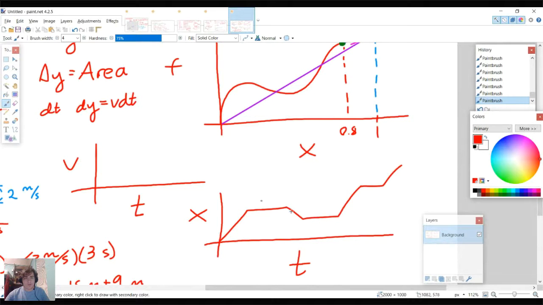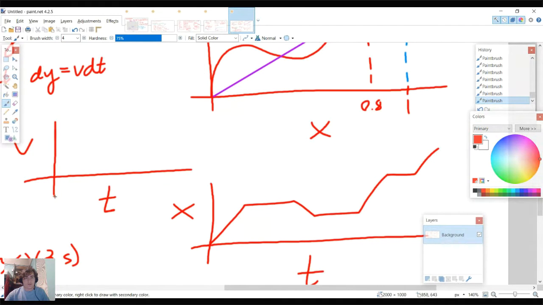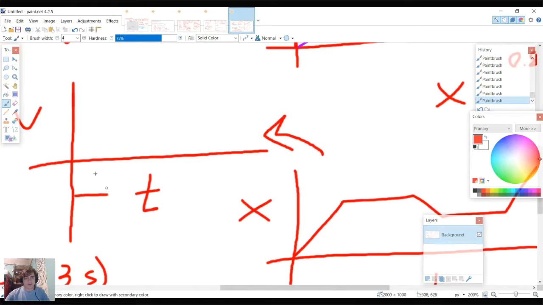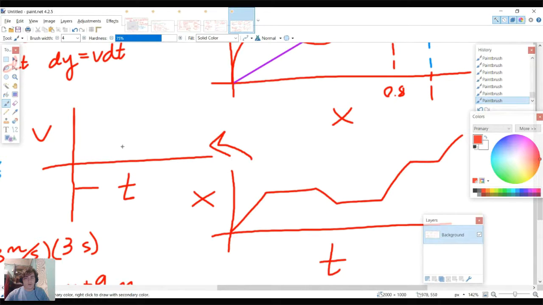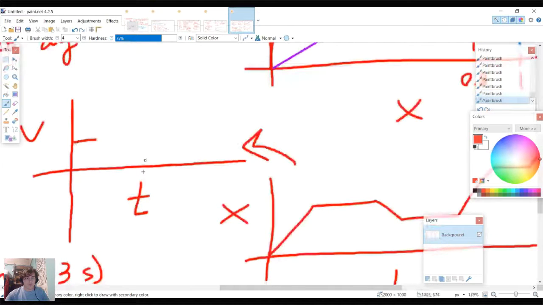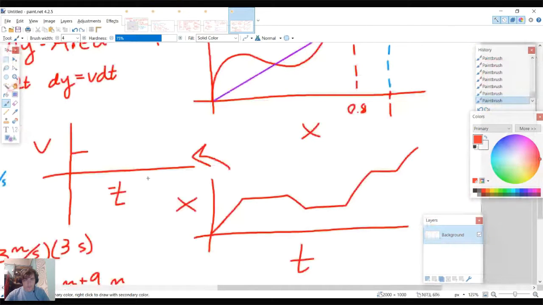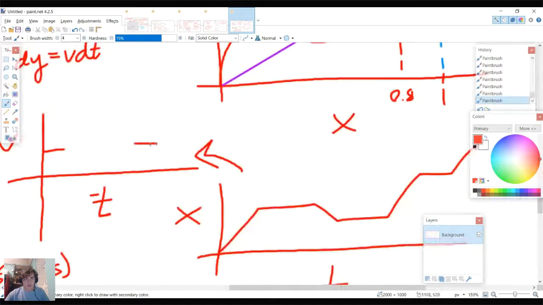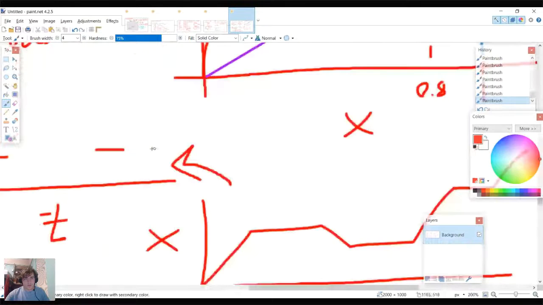So the slope here is probably here. This is the same graph as this. So the slope here is probably -1, and then it's 0 for a bit, and then, or rather, it's +1 for a bit. Then it's 0, and then it's -1 for a bit, and then it's 0 again, and then it's +1 for a bit, 0, and then +1 for a bit.